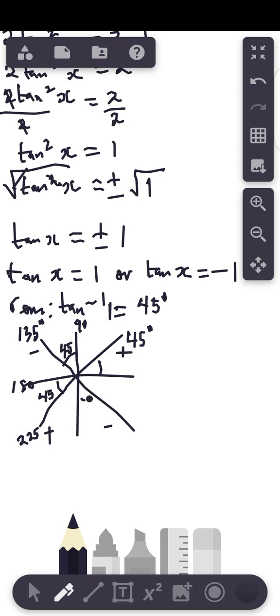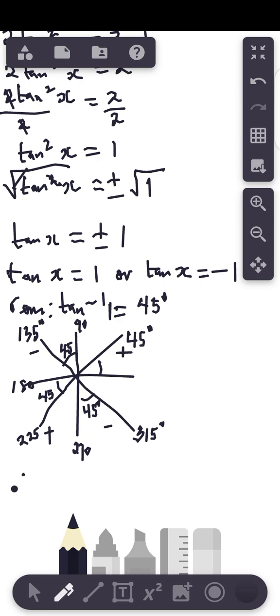Here also we have 45 again. When we add that 45 to 270, that will give us 315. So our angles are complete.